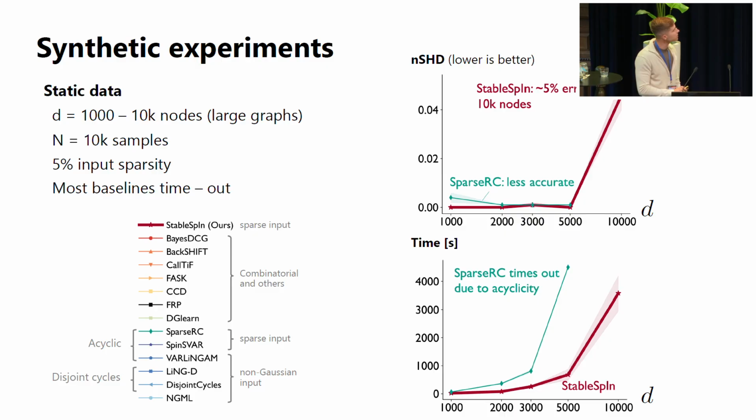So we see that it's slightly less accurate in terms of NSHD compared to stable SPIN. But after 5,000 nodes, it times out. And the timeout here is 10,000 seconds. Stable SPIN achieves a 5% error on 10,000 nodes, which is quite good.